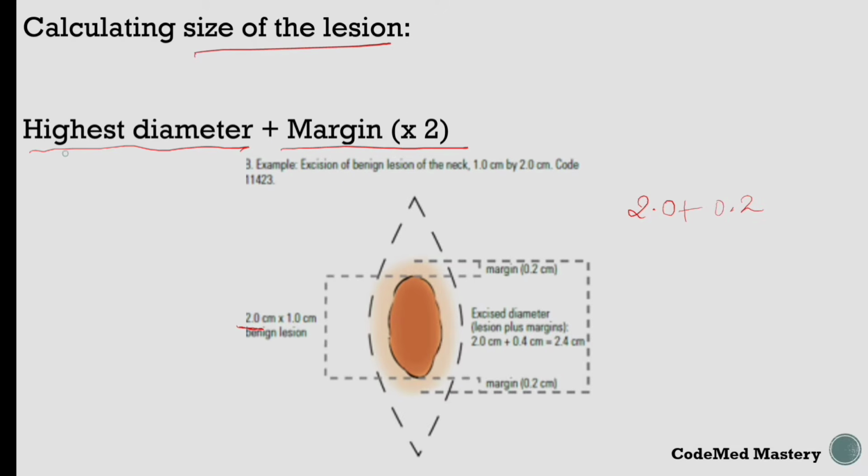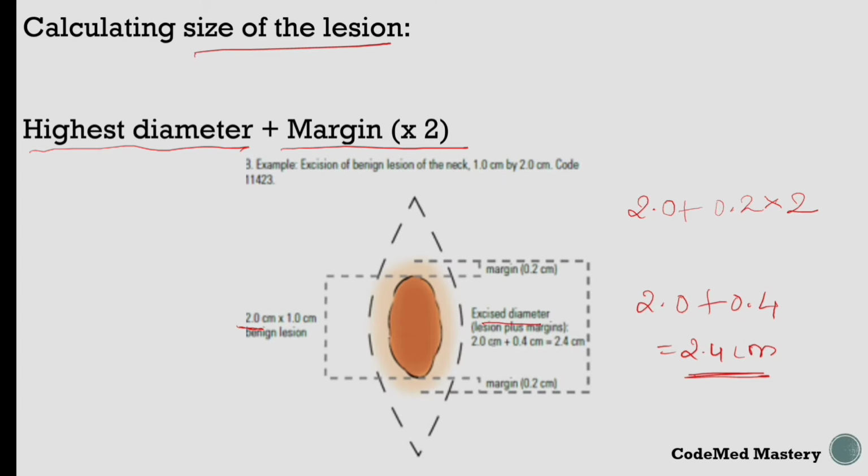As per the formula, we have to add highest diameter plus margin into 2. So, margin you will multiply 2 times. So, 2.0 plus 0.4 is equal to 2.4 centimeter. So, this is the size of your lesion.